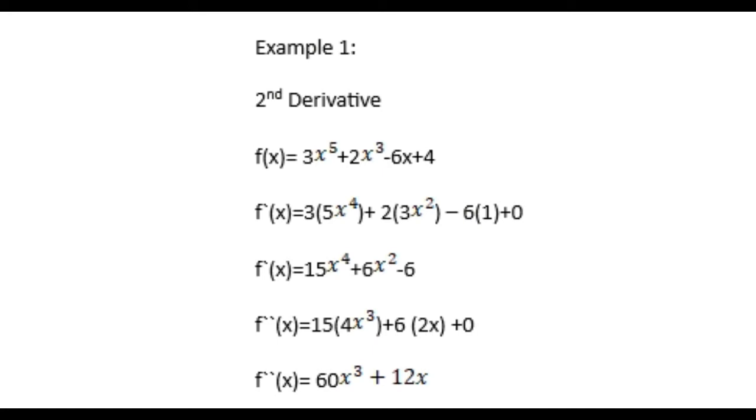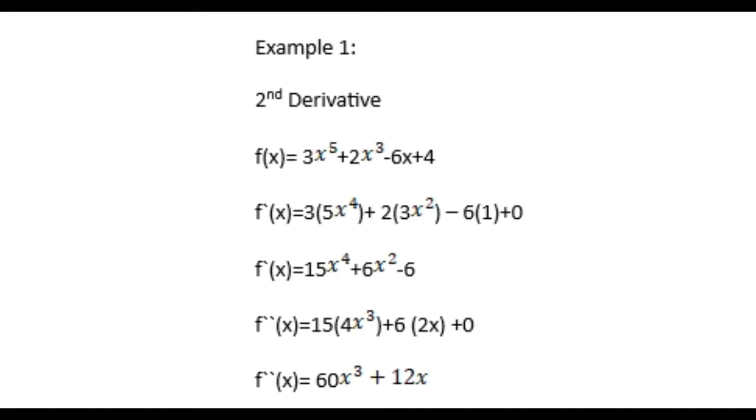Now let's derive. f prime of x equals 3 times 5x to the power of 4 plus 2 times 3x squared minus 6 times 1 plus 0. Next, f prime of x equals 15x to the power of 4 plus 6x squared minus 6. That is the first derivative.